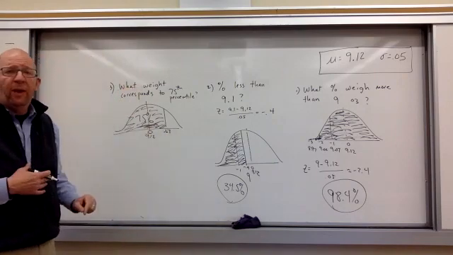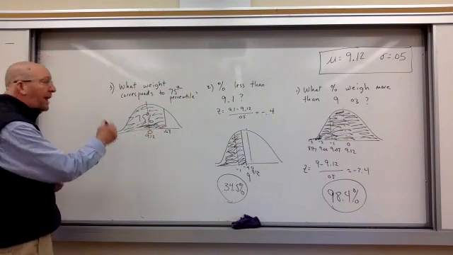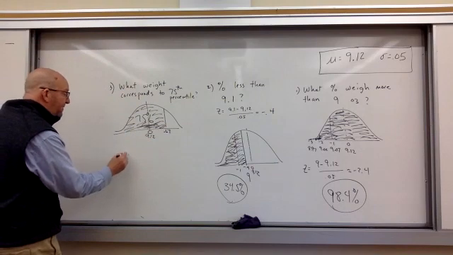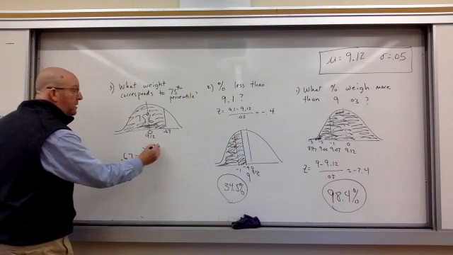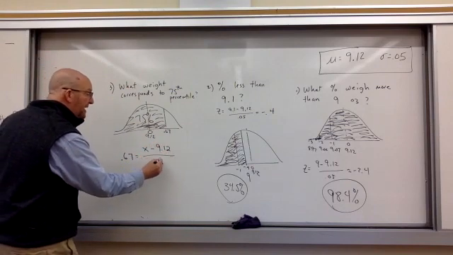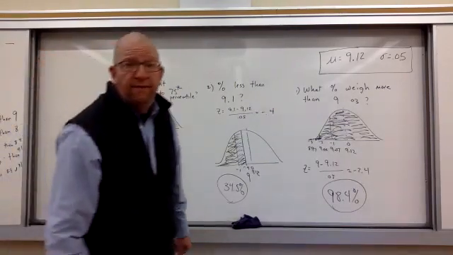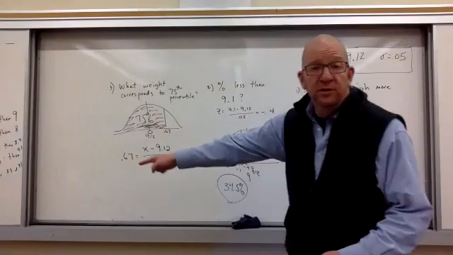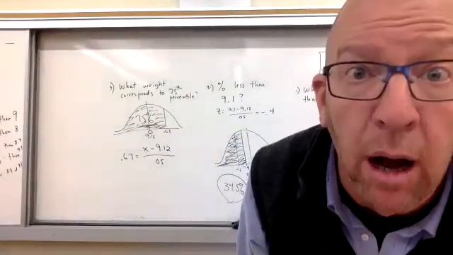Well, how do I find the weight? The magic formula. That's right. 0.67 is my z. Do I know the x? No, I don't. Do I know the mean? Yes, I do. Do I know the standard deviation? Yes, I do. Can we solve that algebra equation? Well, if you're in pre-calculus, I sure hope you can solve that algebra equation, because if you can't, you should drop the class now.